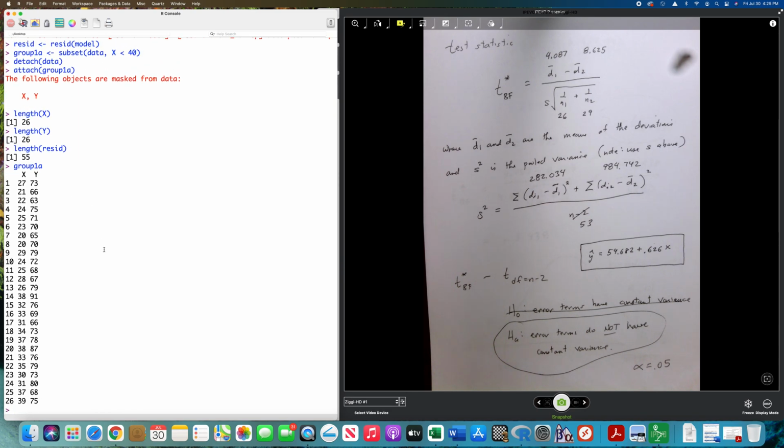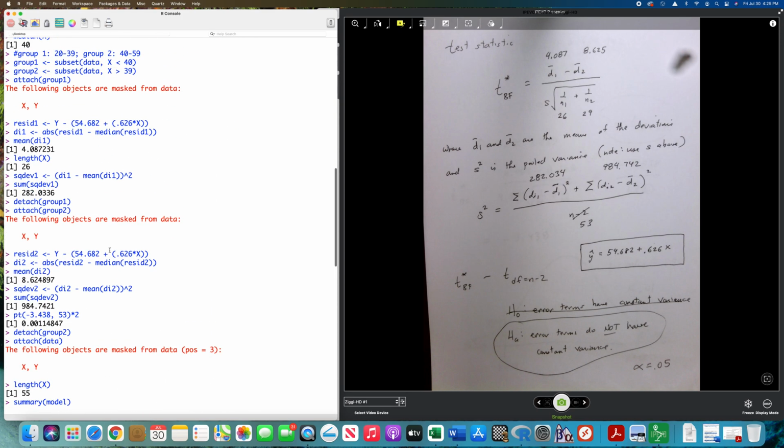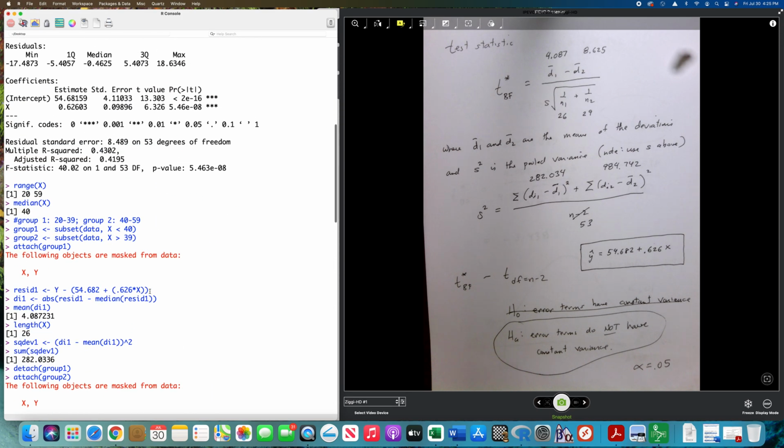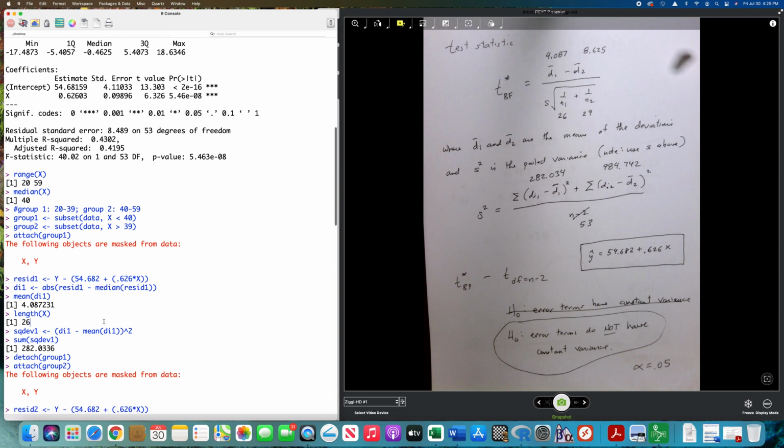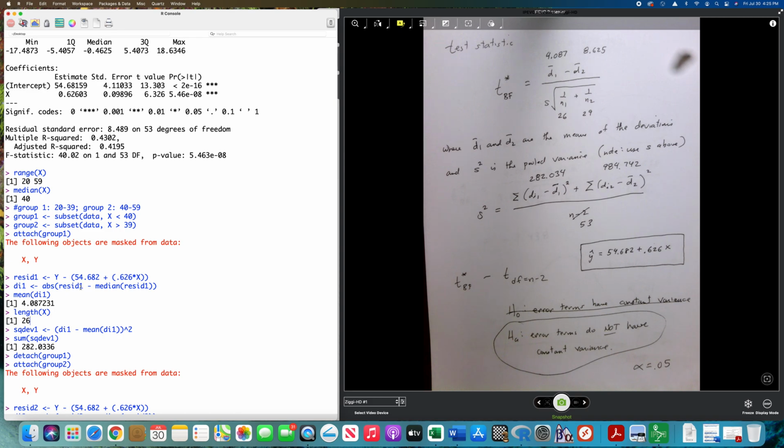So kind of confusing. So I just found it easier back here to just create the residuals manually, if you will, just for the X's and Y's that are in each respective group, group 1, group 2.